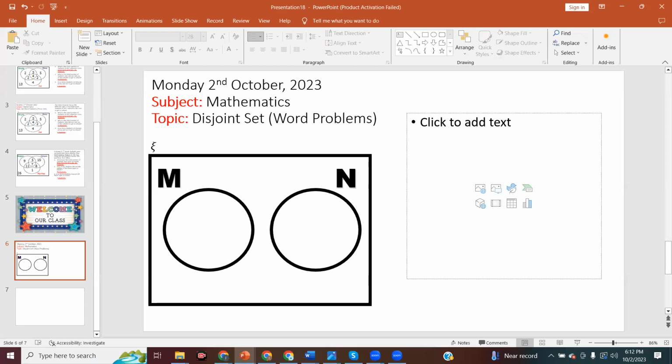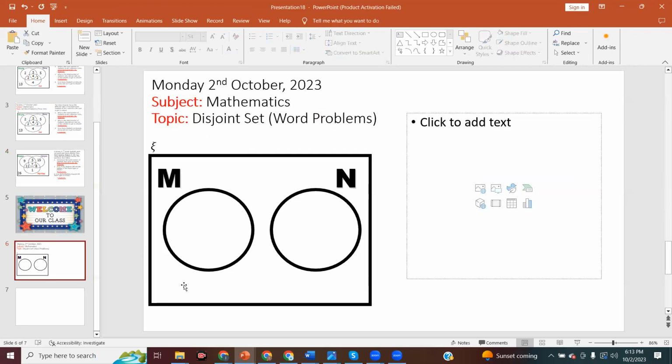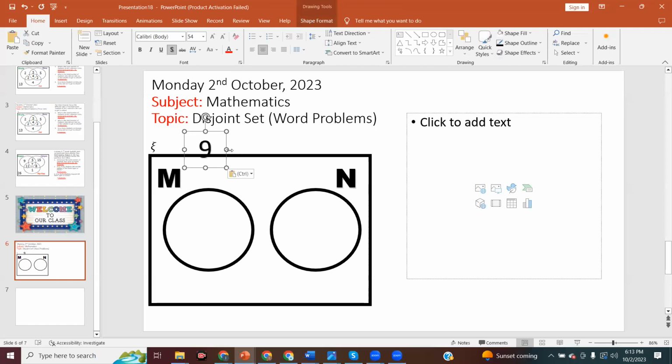All right, so we have these two disjoint sets. One is called set M, the other one is called set N, okay? And make sure I draw these neatly. Let's say that inside this circle we have the number 2, and for this one we have the number 9.